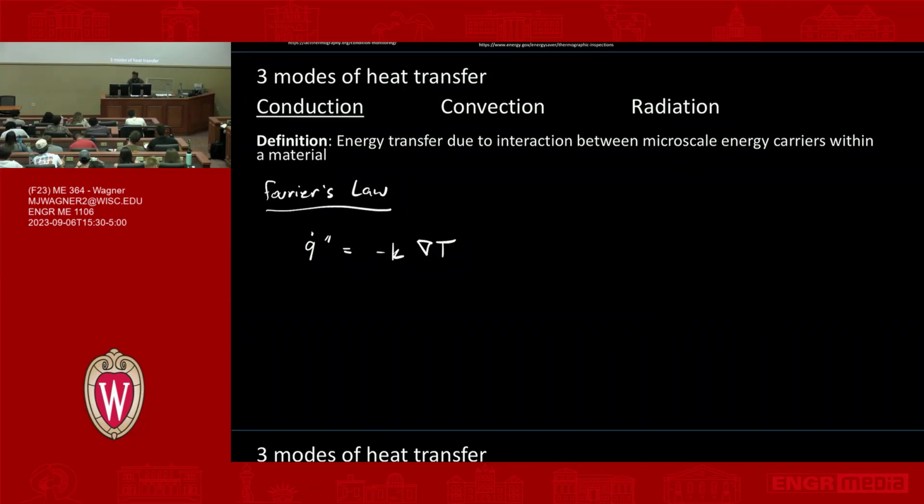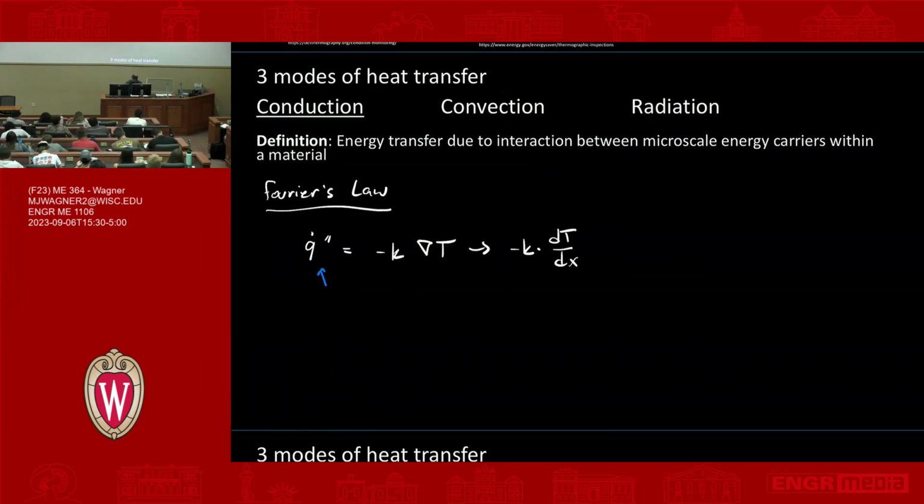So if we were to translate this into a single dimension, so let's think about heat transfer in one dimension only, this would become minus K times dT, d whatever. So in this case, let's pick x. Right? So Fourier's law is heat transfer per unit area, which is the double prime, is equal to minus k dT dx. All right.